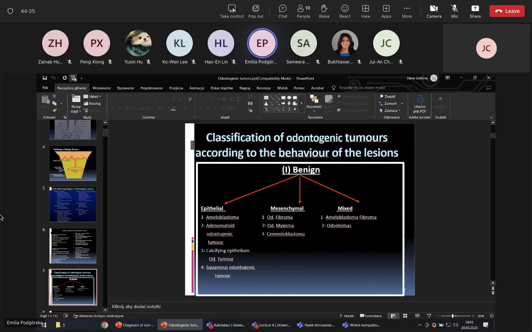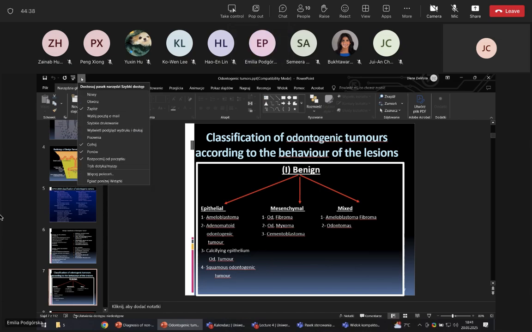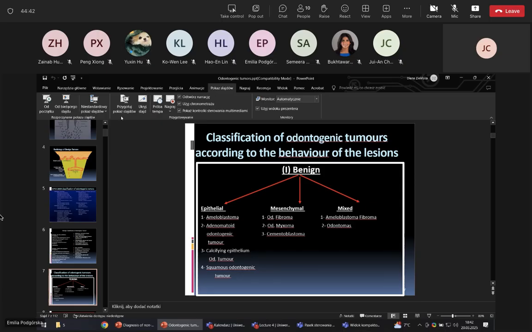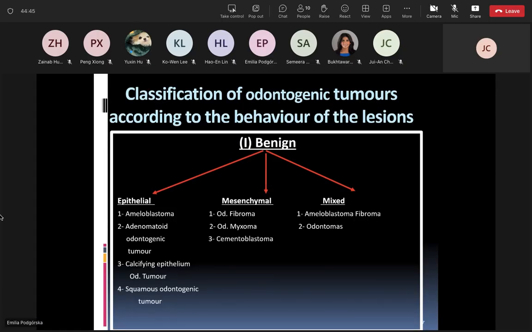Epithelial: ameloblastoma, adenomatoid odontogenic tumor, calcifying epithelial odontogenic tumor, and squamous odontogenic tumor. Mesenchymal: odontogenic fibroma, odontogenic myxoma, and cementoblastoma. Mixed: ameloblastic fibroma and odontomas.